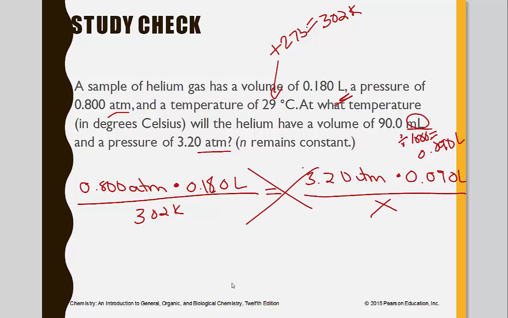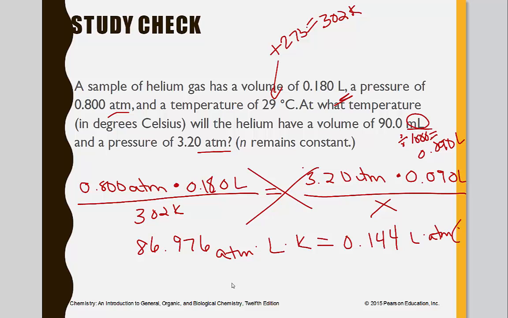So that gives us 86.976 atm times liters times kelvins is equal to 0.144 liters times atmospheres times X. So to get X by itself, we divide both sides.